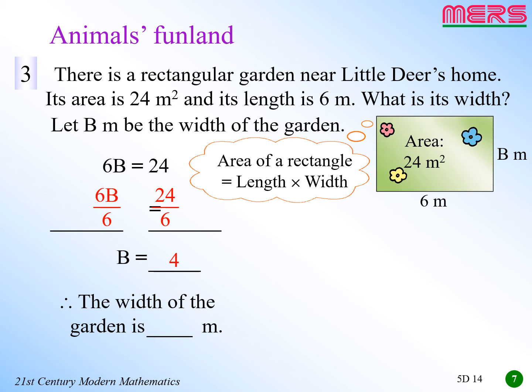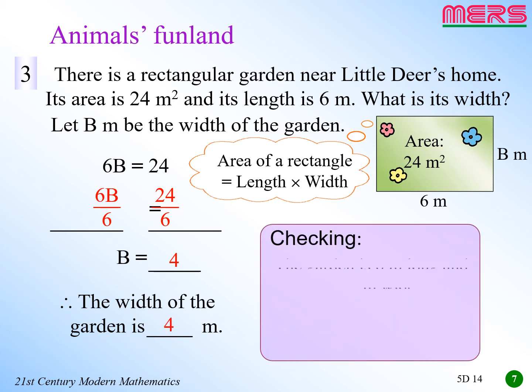Therefore, the width of the garden is 4 meters. And for the checking part, of course, you can put 4 back into the equation. So 6 times 4 equals 24. Yes, it equals the right-hand side. So you get the correct answer.